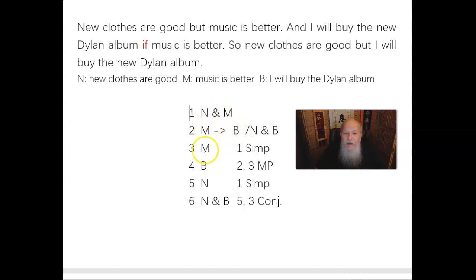So I could take that M by simplification from 1, and then 2 and 3 would give me B by modus ponens, and then I get an N by simplification, and then I can use my new rule of conjunction to put N and B together, and I've gotten from these premises to that conclusion using the rules.